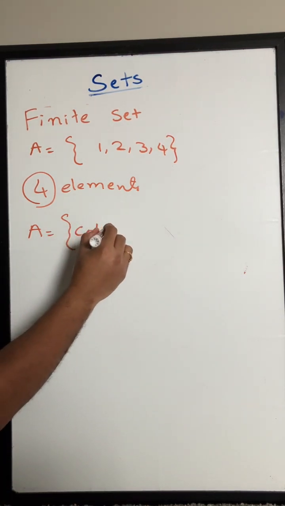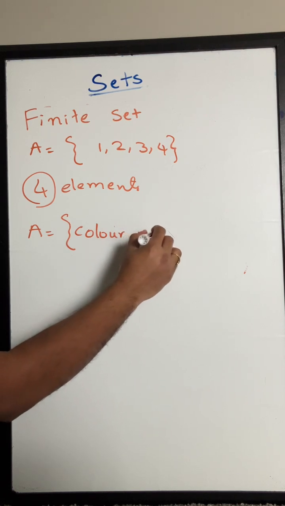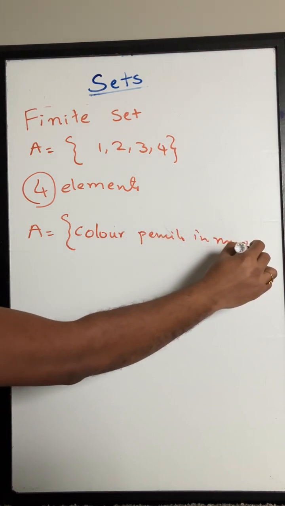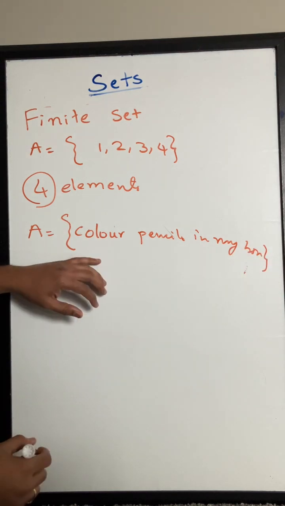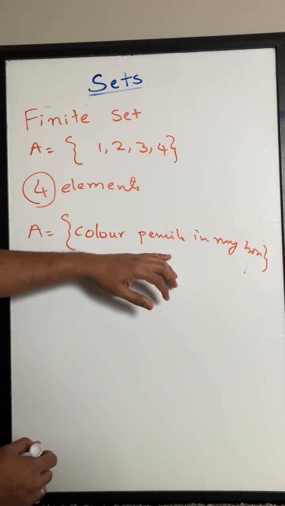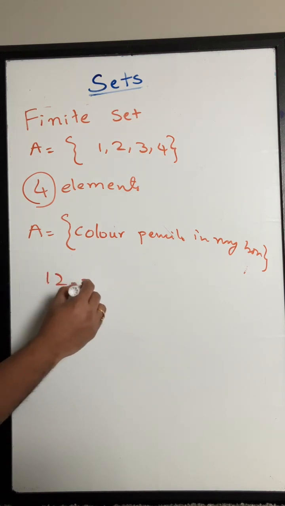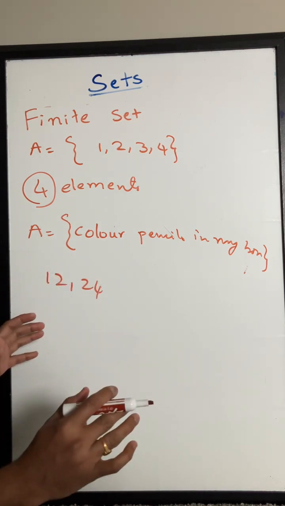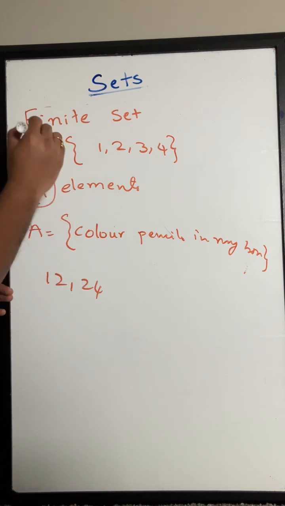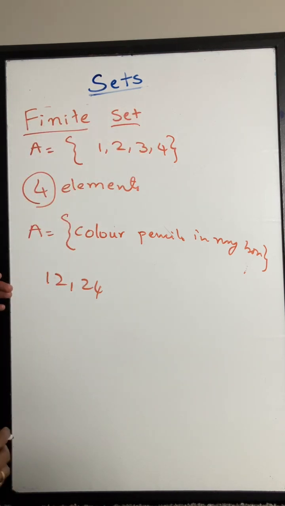My set is colored pencils in my box. So I can open your box and count the number of pencils in your box. It could be 12 or 24, but there will be a certain number. So that is countable. It's a finite number. That's why it is called a finite set.